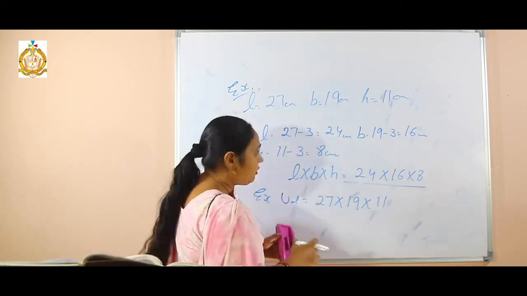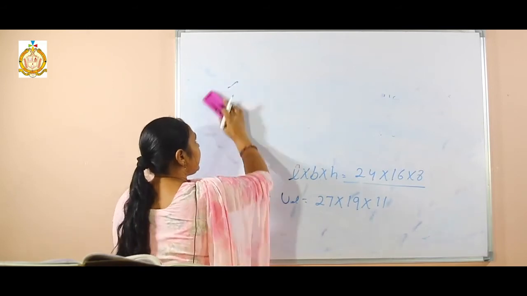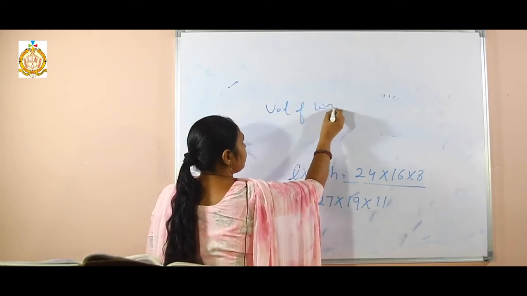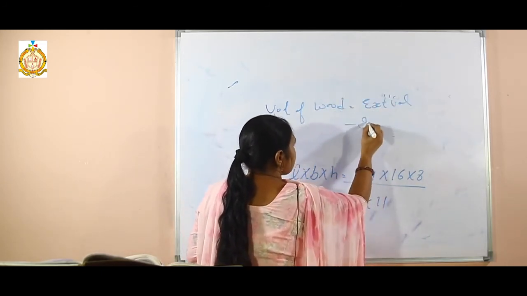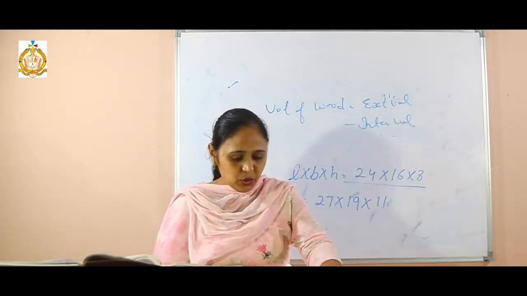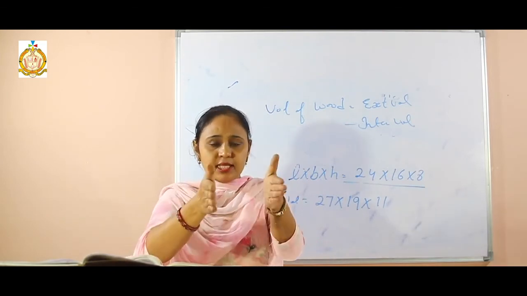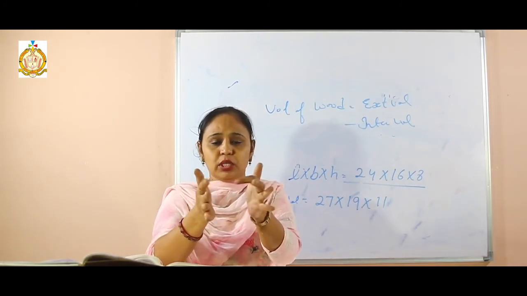That means I will subtract, the volume of wood, external volume minus internal volume. Once again, suppose I am taking this one. This is the thickness. This is also thickness. When I remove the thickness, only the internal part is there.